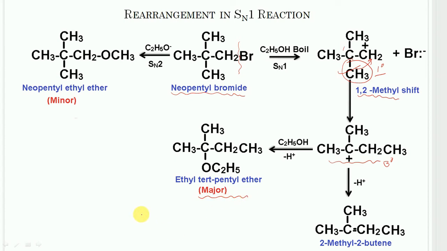So in this case, the main product formed is the rearranged product, and if rearrangement does not occur, then the attack of the nucleophile will take place on this carbocation, and we get this product, which is formed in a much lesser quantity, the neopentyl ethyl ether.